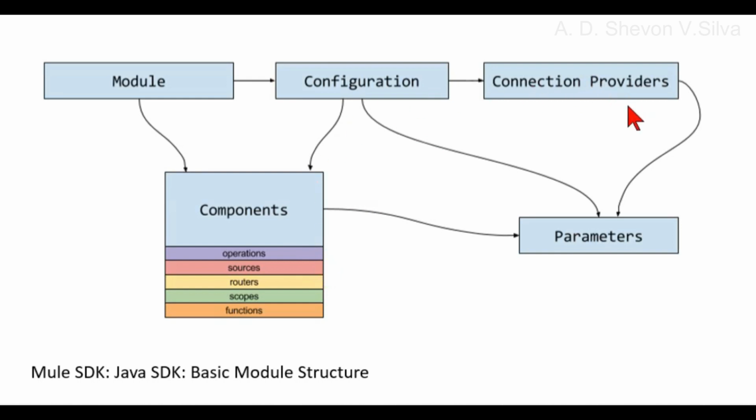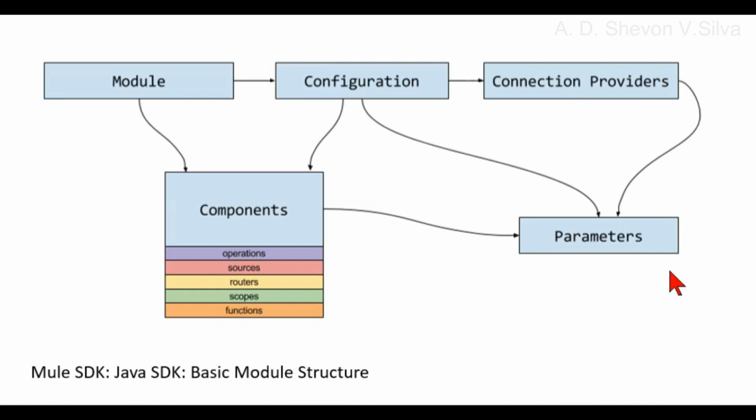A connection is not required, but it is common. Connections used by operations and sources are provided by a connection provider. Connection providers are bound to configurations. Configurations have none, one, or many connection providers that create different types of connections. For example, one connection provider for HTTPS and another for non-secured HTTP connections.